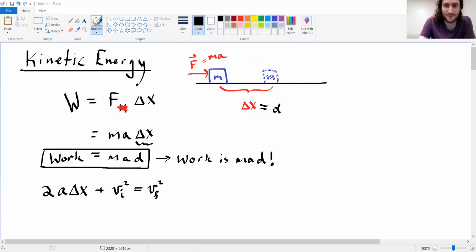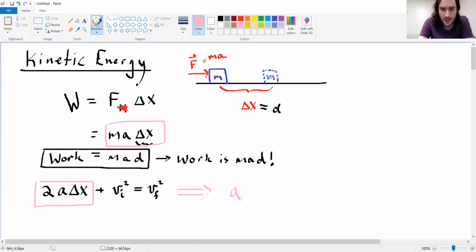So what do we do with this? Notice that the left side looks an awful lot like the expression for the work. Maybe we'll use pink here. This piece right here looks an awful lot like this piece, so let's isolate that piece and bring it over here.